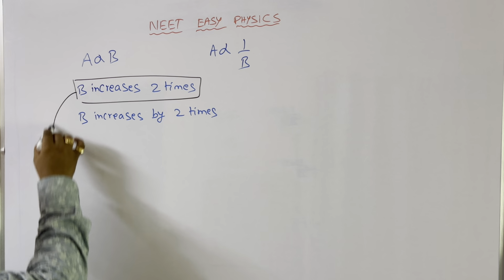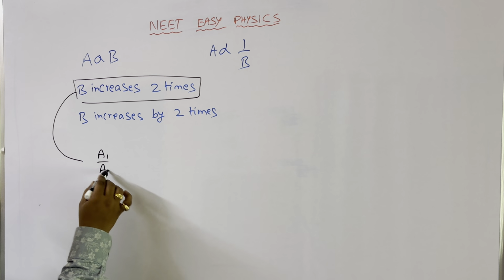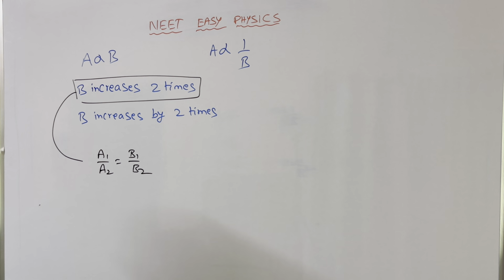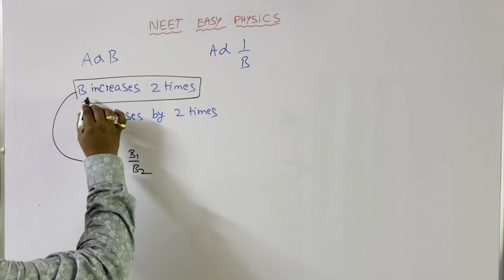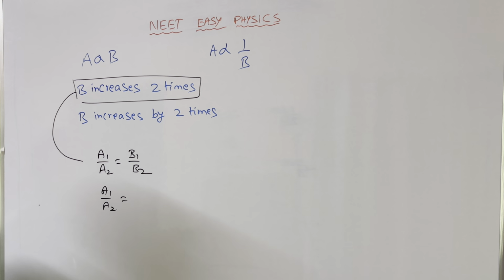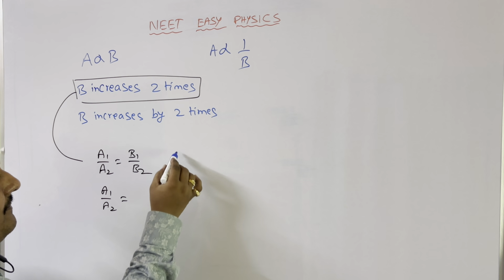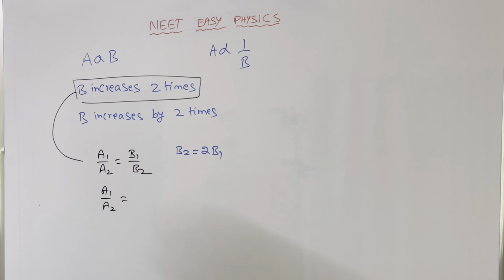For this case, A is directly proportional to B means A1 by A2 is equal to B1 by B2. So A1 by A2 equals, here B increases 2 times, so B2 is going to become 2B1.